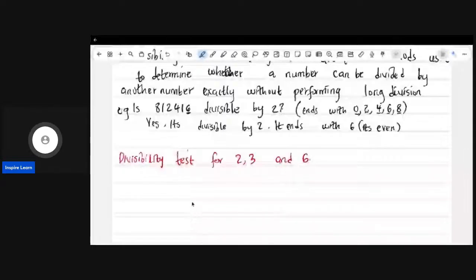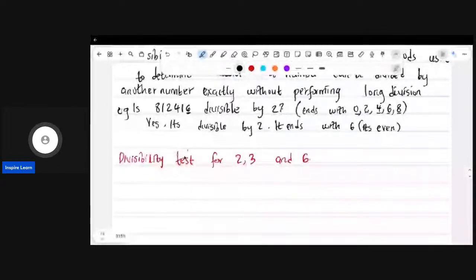So we'll start with the divisibility test for 2.